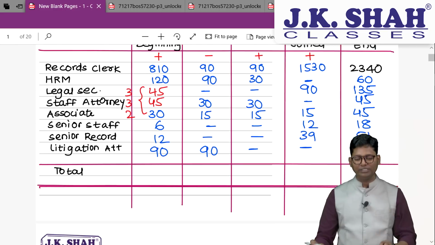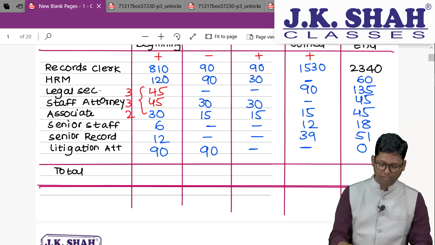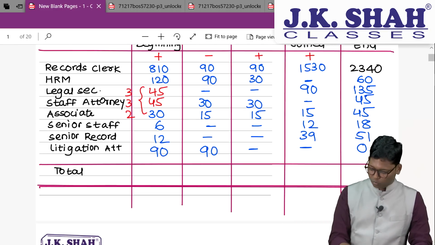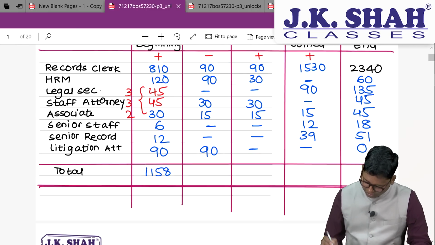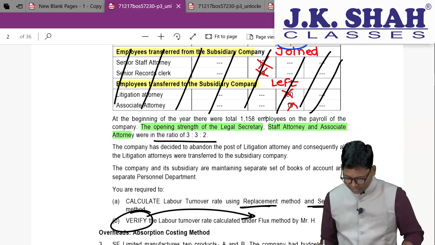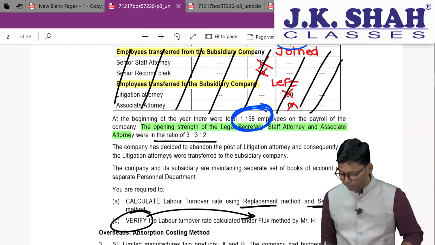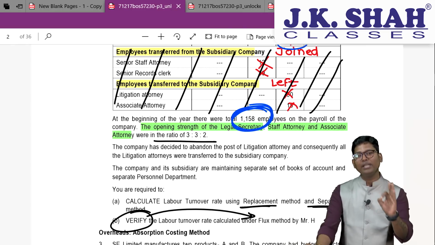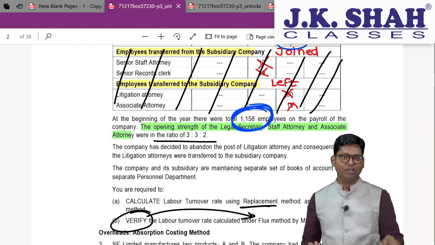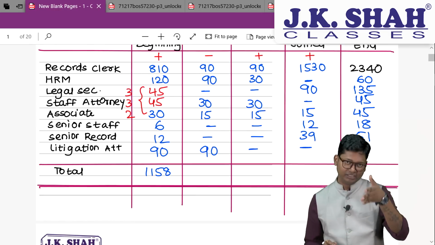Now you only need to take the total of each and every column. It is 810 plus 120 plus 45 plus 45 plus 30 plus 6 plus 12 plus 90. It is 1158. My dear students, you can check this number is available with us. In the beginning of the year, there were 1158 employees, and the same calculation we have performed using this presentation.